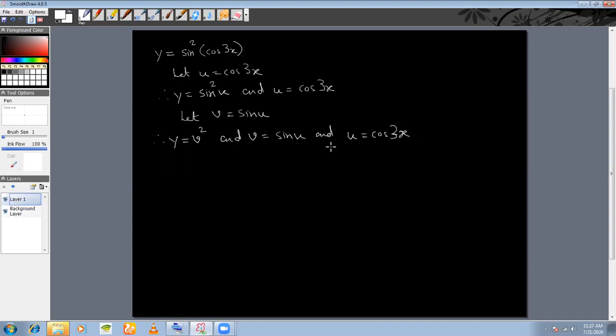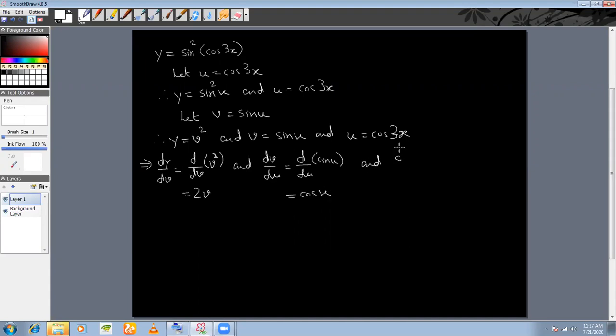Okay, so three functions I'm getting. I can find dy/dv. What is dy/dv? d/dv of v square, which is 2v, and dv/du, because v is a function of u, which is d/du of sine u, which becomes cos u, and u is a function of x.